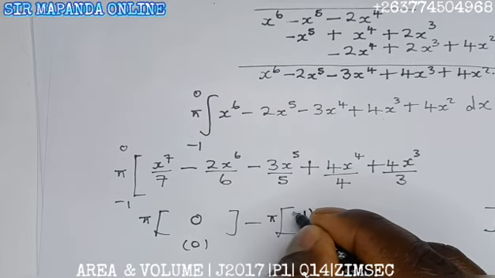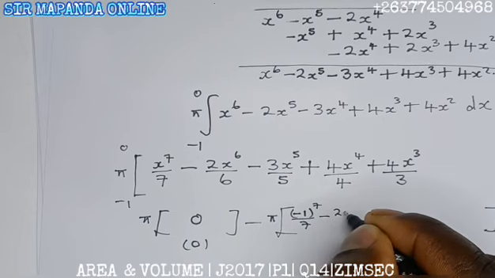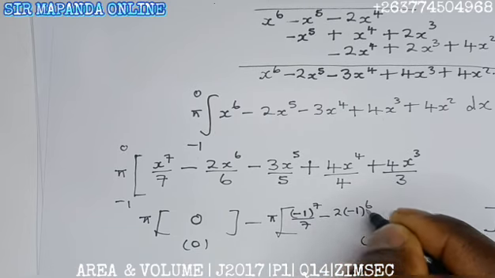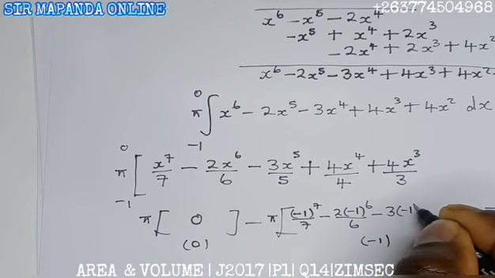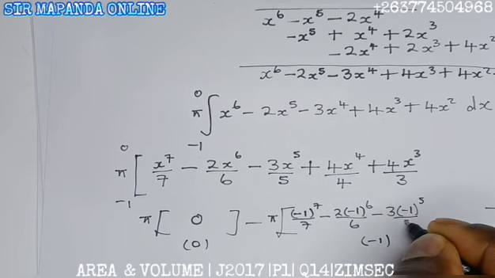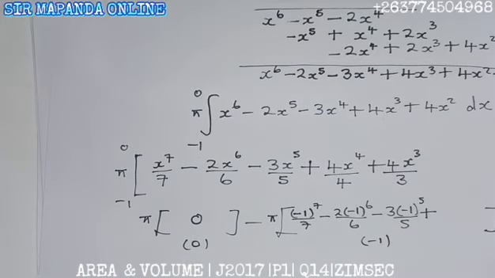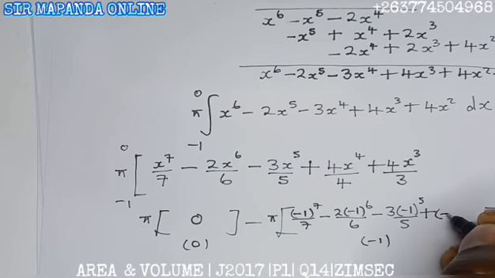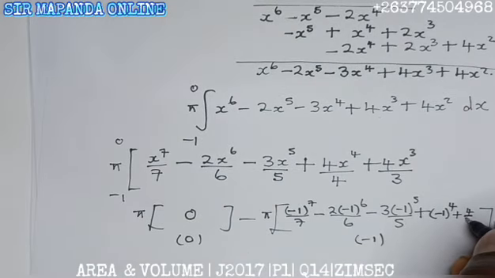So you are saying minus 1 to the power of 7 over 7 minus 2 open bracket minus 1 to the power of 6 over 6 minus 3 open bracket minus 1 to the power of 5 over 5 plus 4 and 4, they give you 1. So here you have minus 1 to the power of 4 plus 4 over 3 minus 1 to the power of 3.